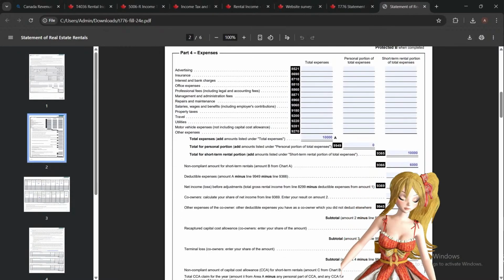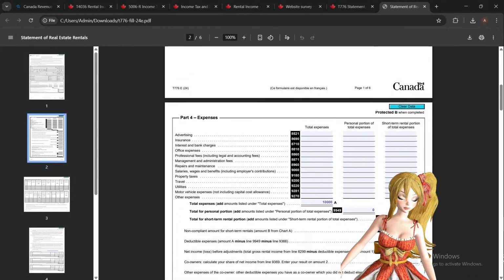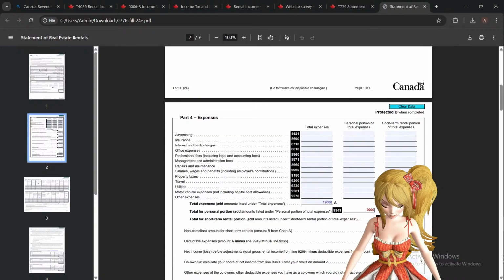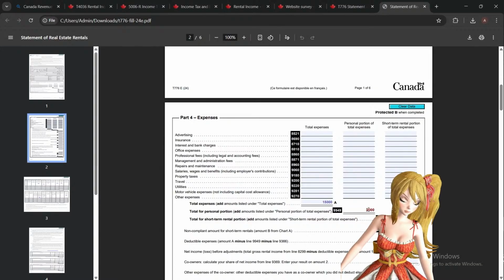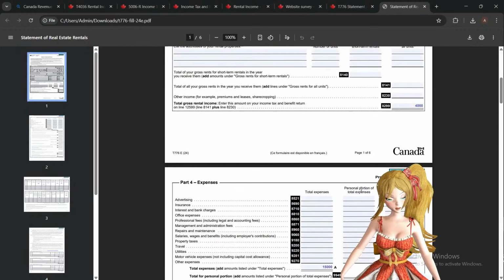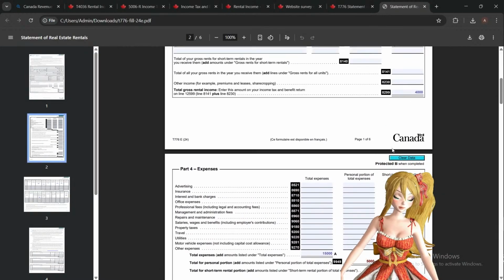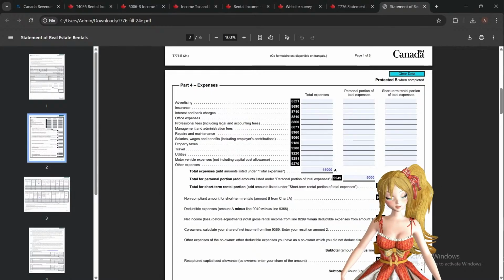Okay, why is this number zero? Let's say I pay 12,000 a year, or let's say 15,000, and I live in 1/3 of the residence, and I earn $4,000, and I'm not paid 6,000.